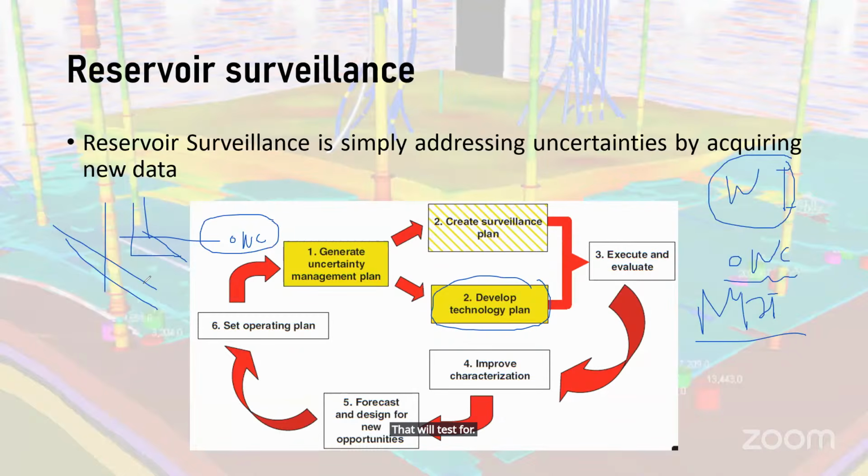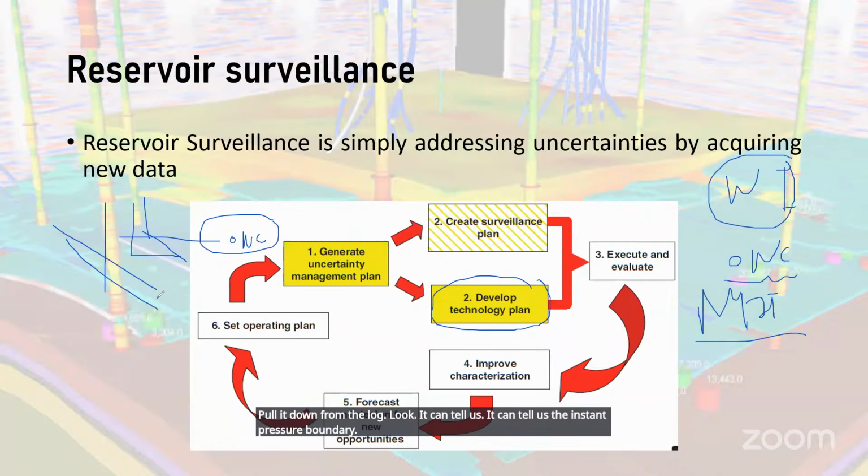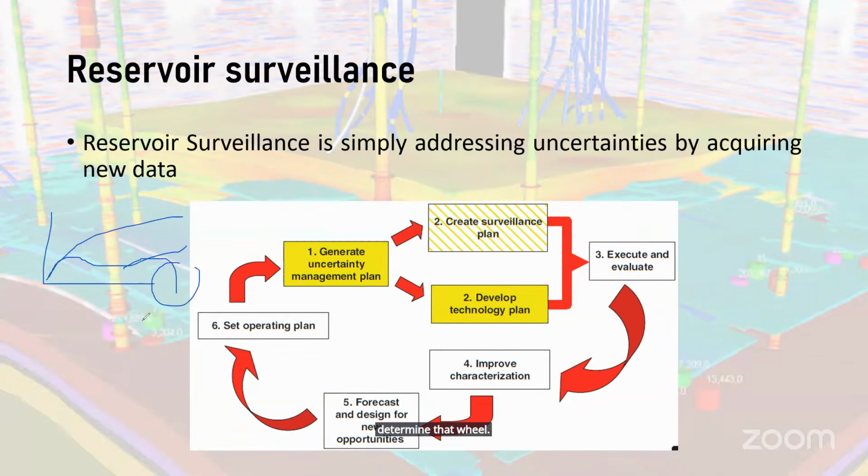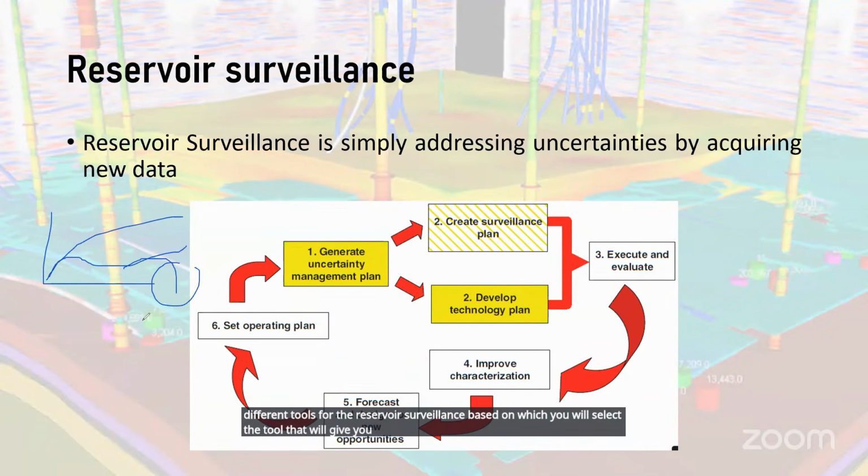For the well test, from the log, it can tell us the constant pressure boundary, which represents the distance from our well to the oil water contact, based on which we can determine the oil water contact depth. Okay, so those are different tools for reservoir surveillance, and based on which you will select the tool that will give you the best answer.